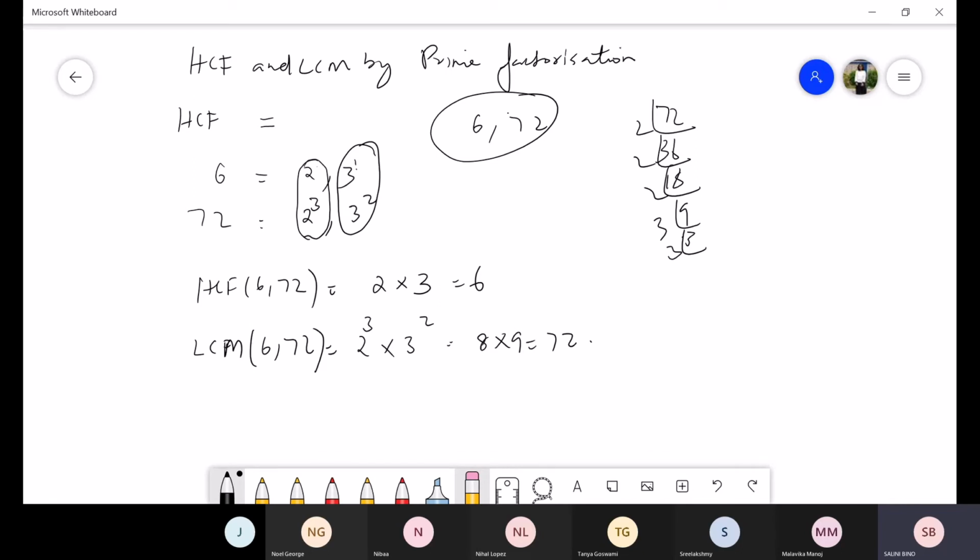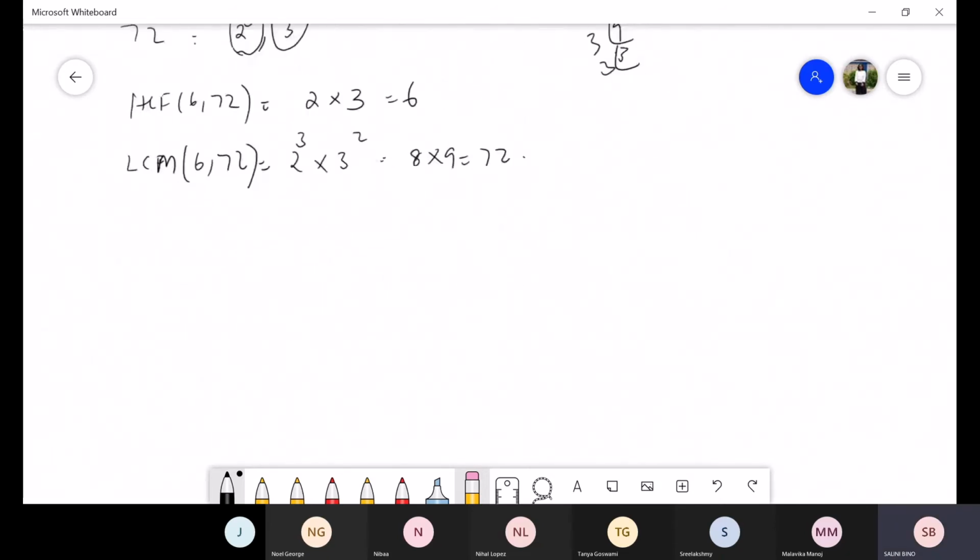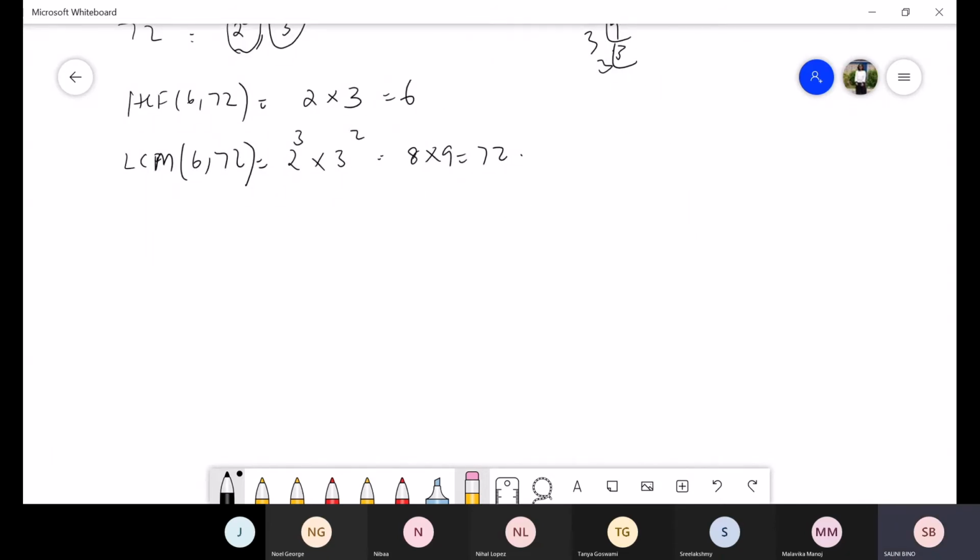And again, after this, one more thing: there is a relationship between the numbers, their HCF and LCM. That we are going to study.